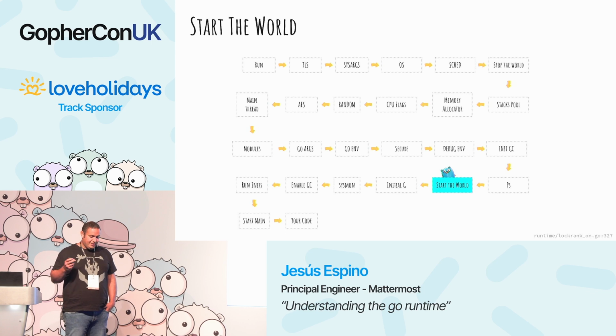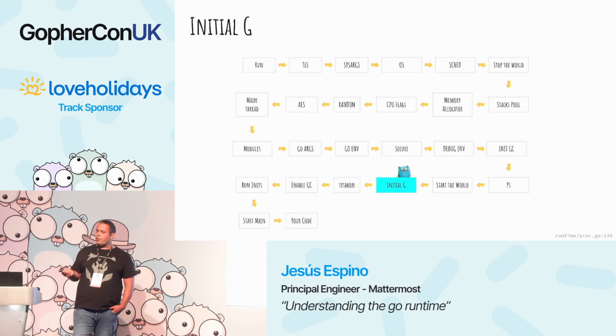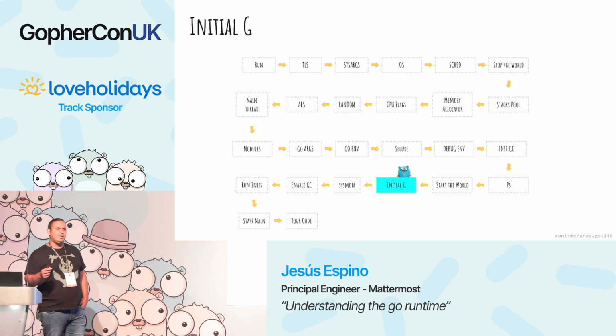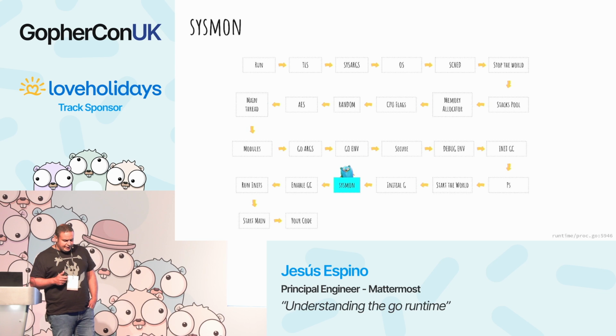So what is the next step going to be? It's going to be running a goroutine. It's going to run the initial goroutine that is going to run the function runtime main. The runtime main is going to do certain things; actually, the rest of the graph that you see here is the runtime main executing. So the runtime main is going to start by initializing the system monitor.